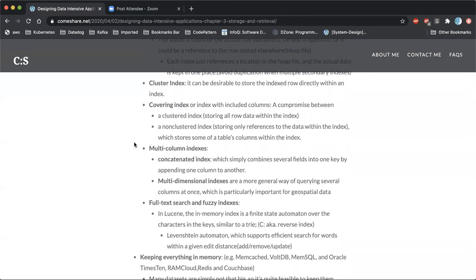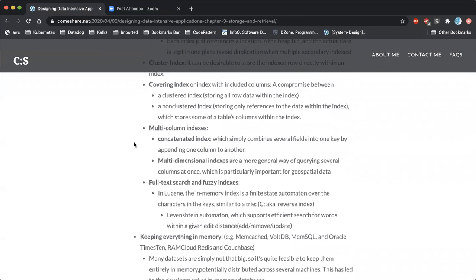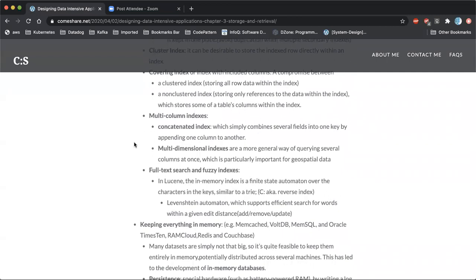And then he also talked about multi-column indexes, where you create an index by combining multiple columns and create an index out of it. He talked briefly about how the ordering is used when you use multiple columns, because when you look for that particular key, the order needs to be consistent.